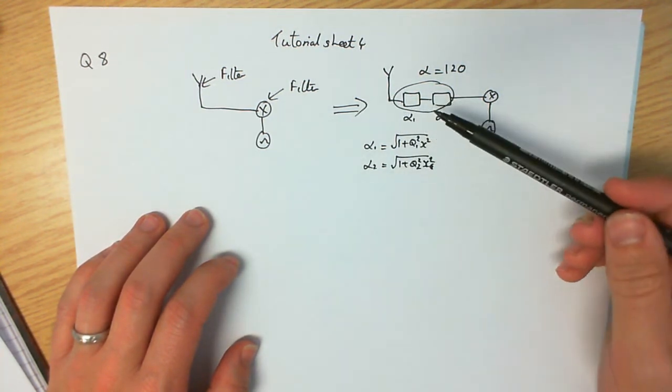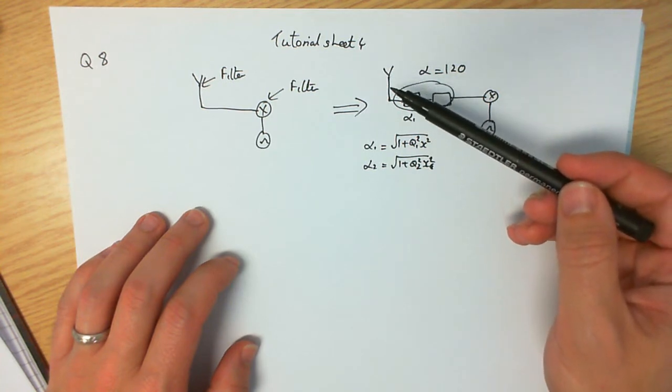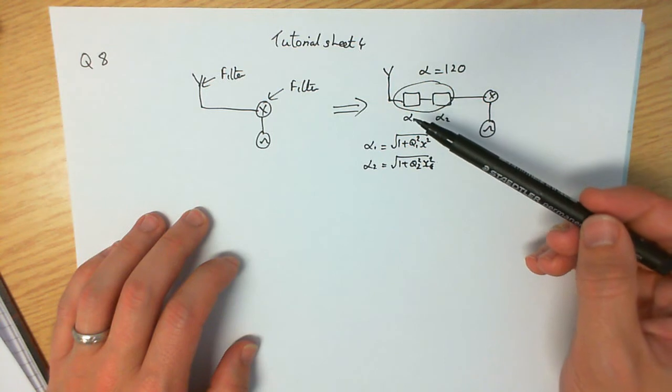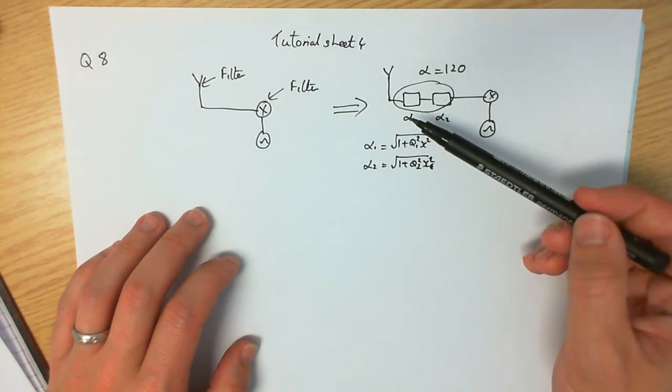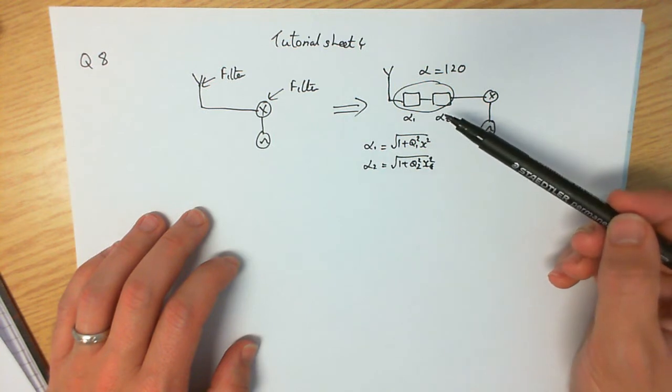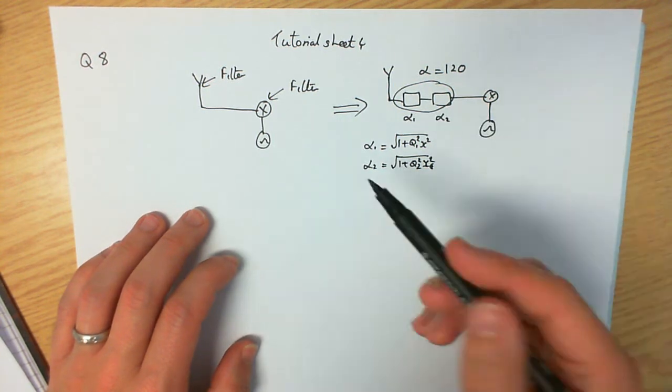And we also know that any signal coming through here is essentially a gain stage, so the signal is going to be multiplied by alpha 1 and then multiplied by alpha 2.